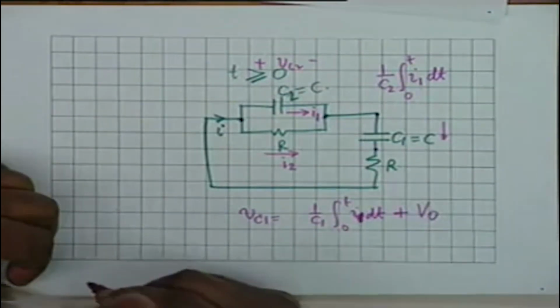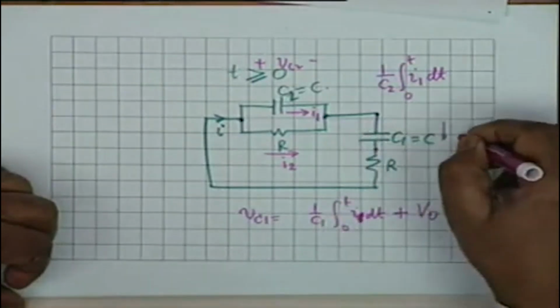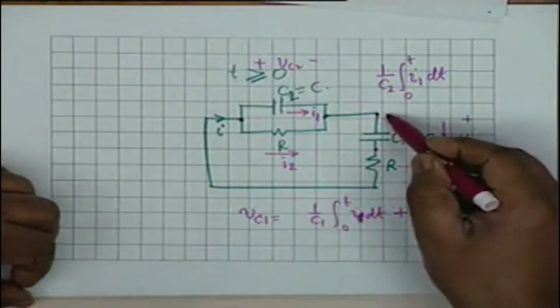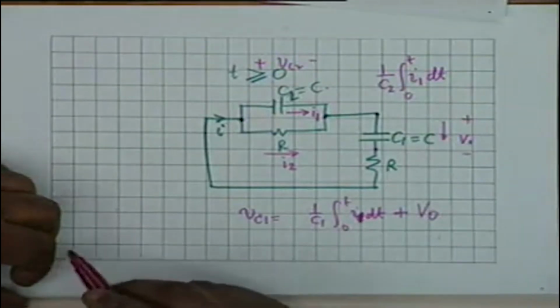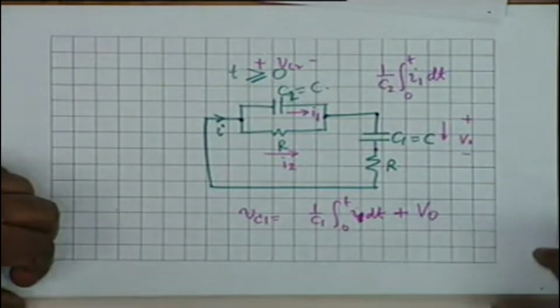Unfortunately, it is plus, because I will explain. The initial voltage was V0 in this polarity, and when the capacitor is getting charged like this, it is adding to V0, so it is a plus V0. You have to remember this. Alright, it is plus V0.